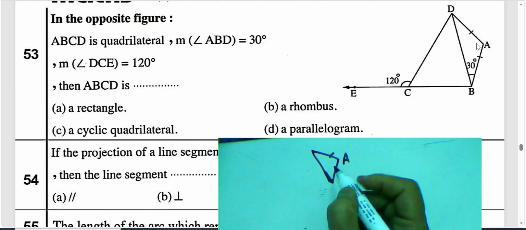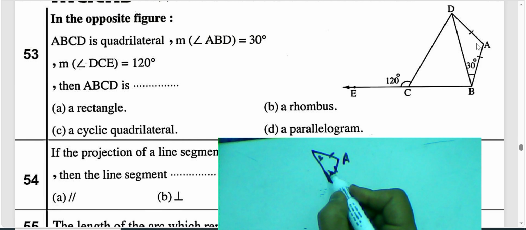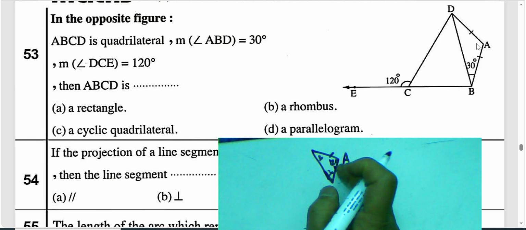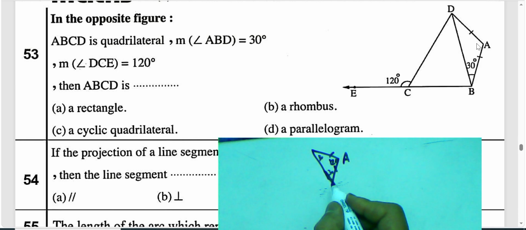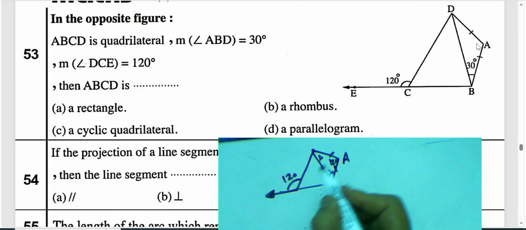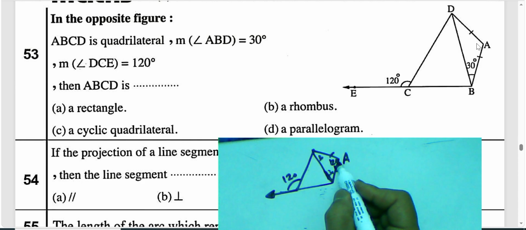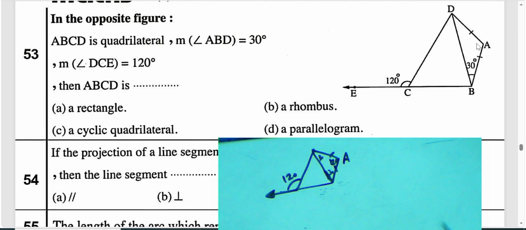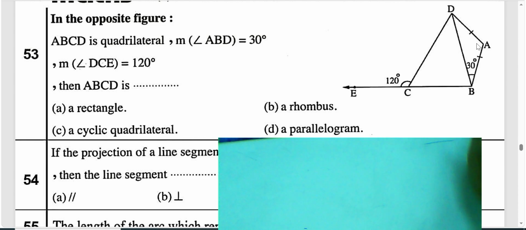We have an isosceles triangle, the measure of two angles 30 and 30 is 60, subtract from 180 equals 120. This angle is 120. Then the opposite angle is the same, also 120. The exterior angle is equivalent to the opposite interior angle of 120. Then we call this a cyclic quadrilateral. The result here will be letter C.